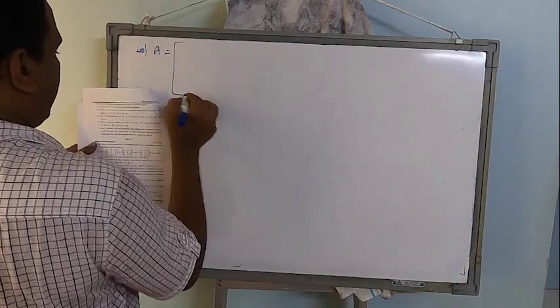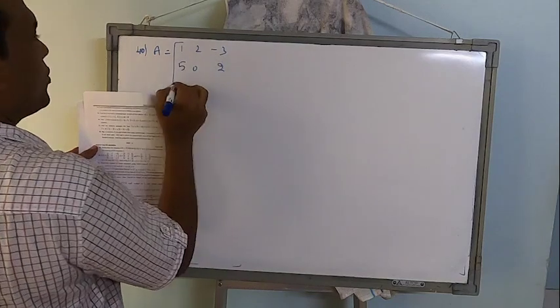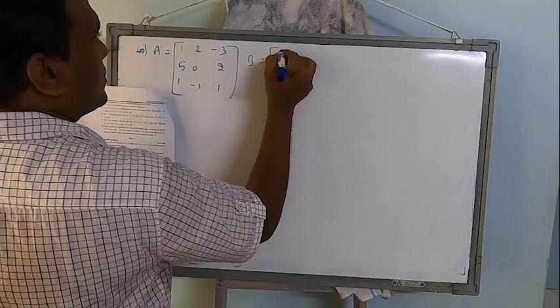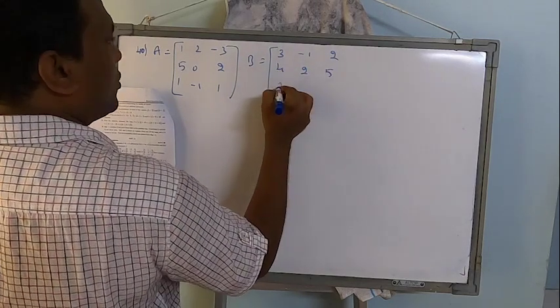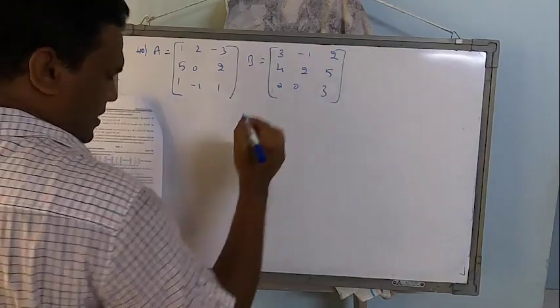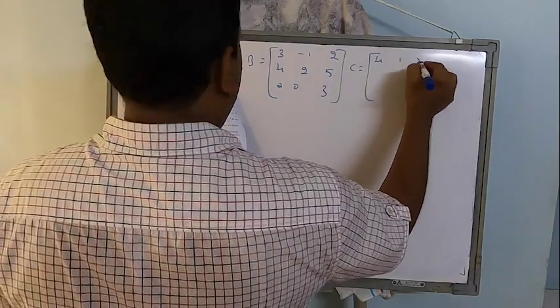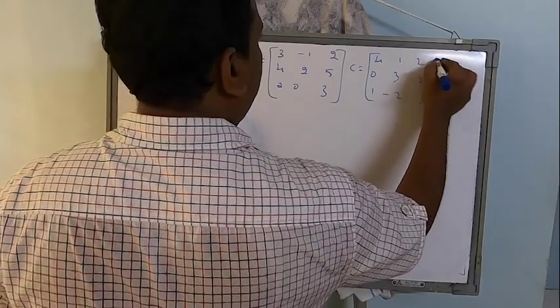Matrix A is 1 2 minus 3, 5 0 2, 1 minus 1 1, and matrix B is 3 minus 1 2, 4 2 5, and 2 0 3, and matrix C is given as 4 1 2, 0 3 2, 1 minus 2 3.